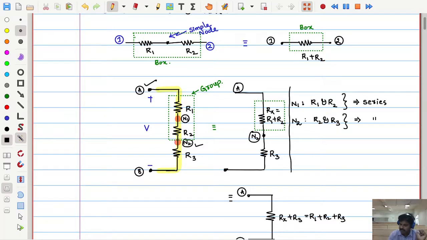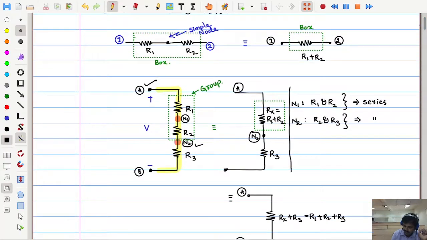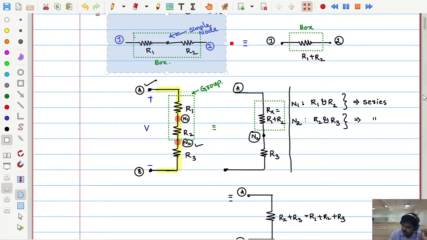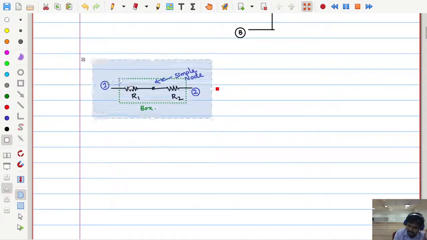That is one thing. The second thing is that now you can have one more kind of analogy like this. Let us take this same diagram, the previous one, and see it like this.